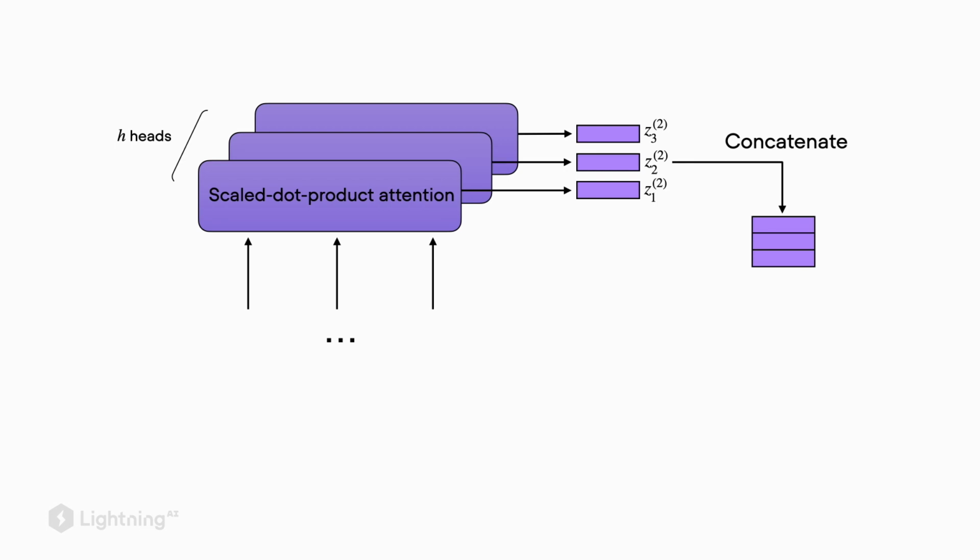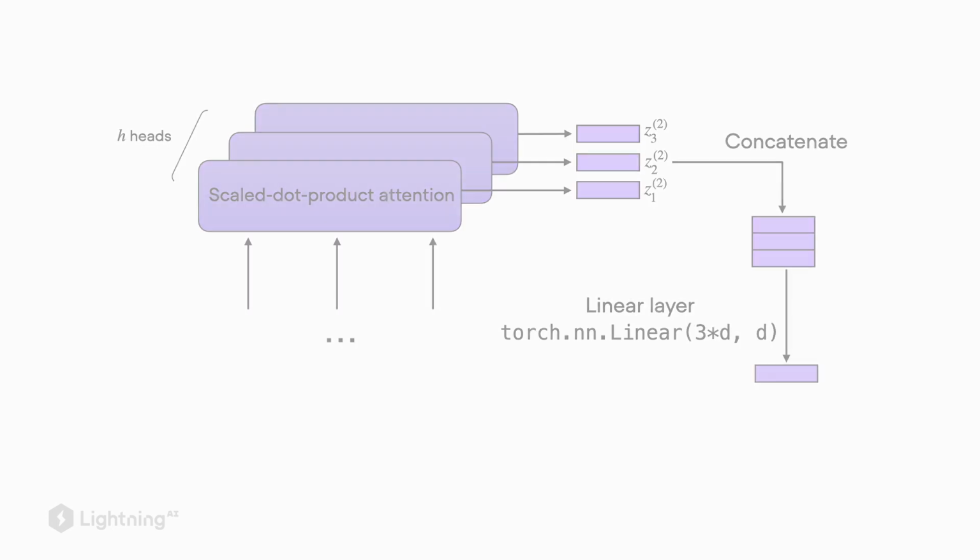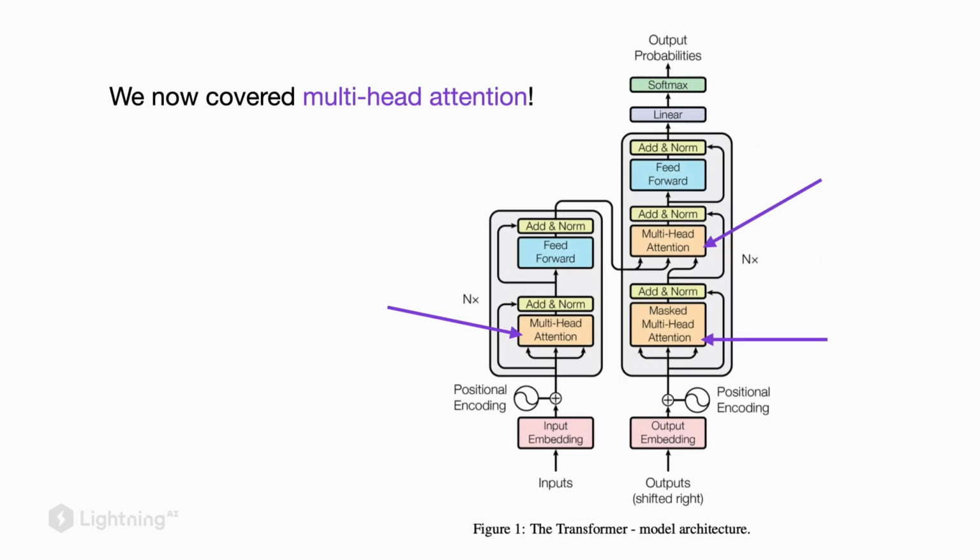So how does that work in the context of this many-to-many approach? In order to achieve this one-to-one mapping, we first concatenate these output vectors and then put them through a linear layer to squeeze them into one single output vector. So while we temporarily have multiple context vectors, we go back to one context vector per input token. And this is in a nutshell how multi-head attention works in the context of transformers.